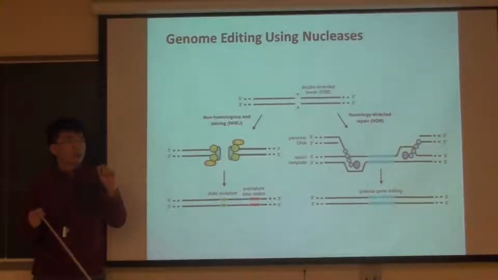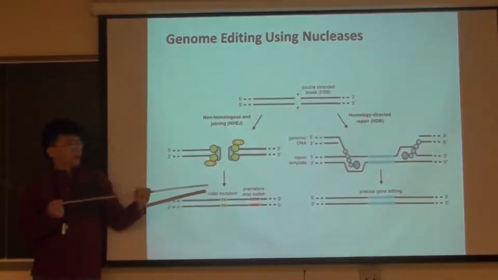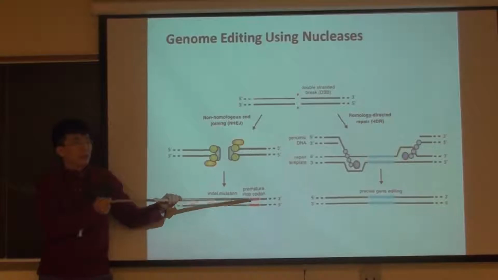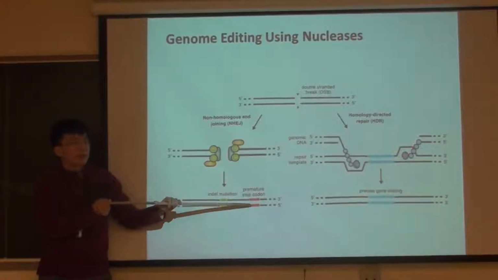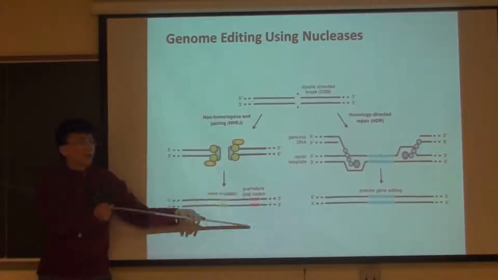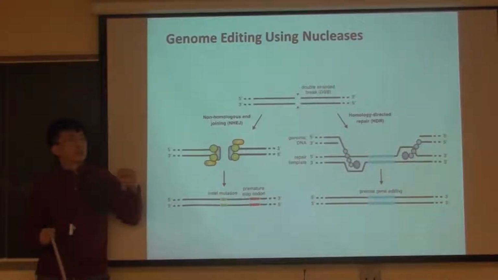Because when you read the sequence, you read 3 at a time. If you insert 1 or 2, then you shift, and you can produce a stop codon in a place where there was no stop codon. Then when the cell is trying to make a protein, it will just truncate right here. Then you can basically remove the gene or the gene's product from the organism.